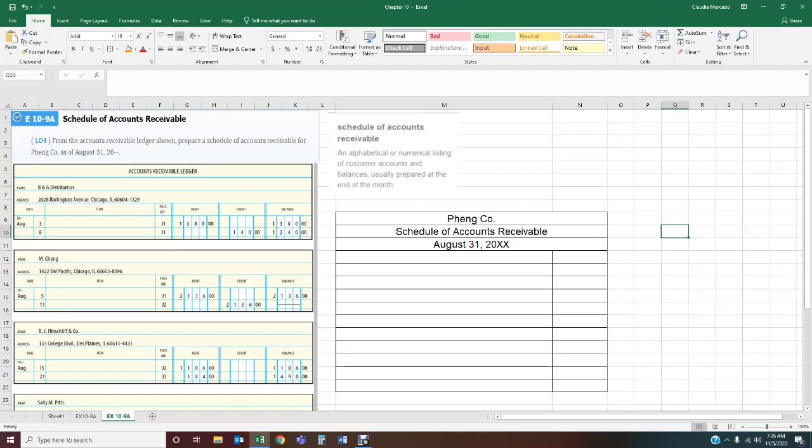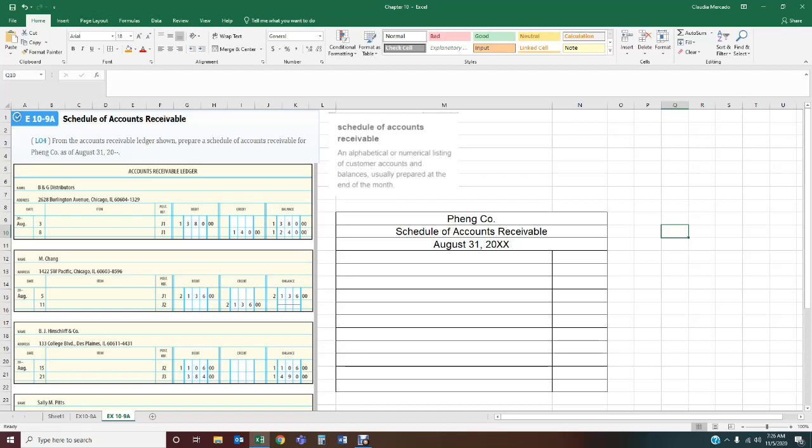Okay, what happens here is we keep track of all of the information for B&G Distributors. The first entry we have here is a debit. Whenever you see a debit, that is the point in time where this customer purchased something from you on account. This is when we decided to give them credit and they owe us money.